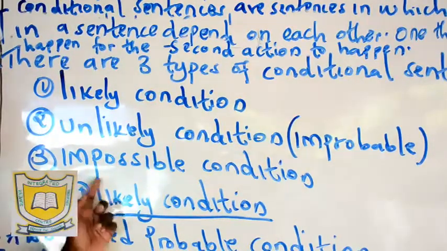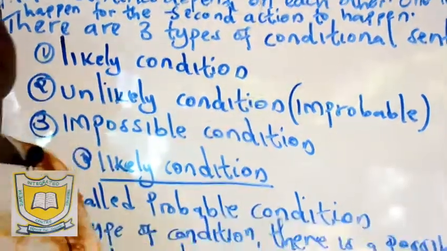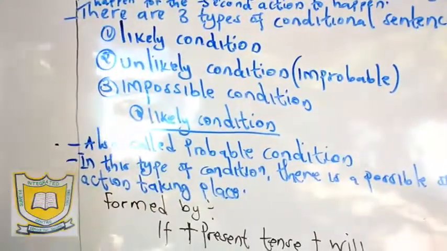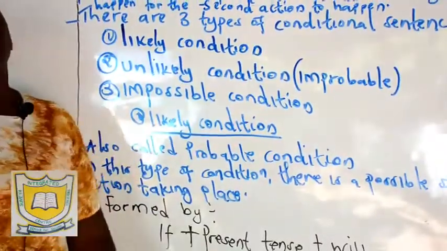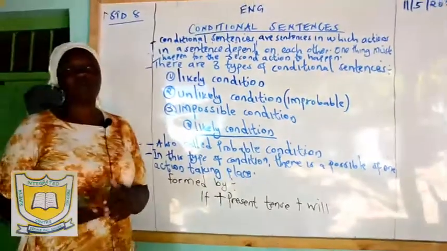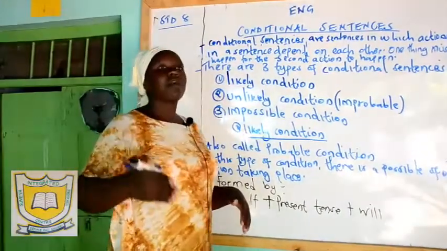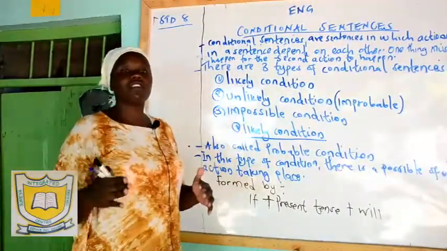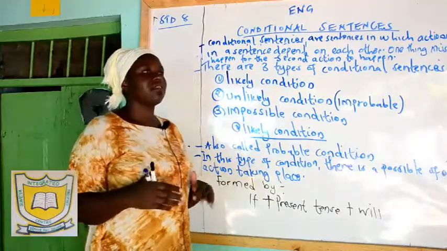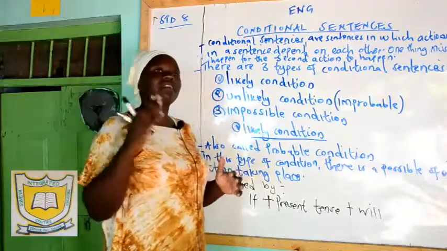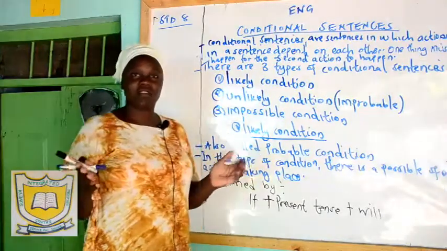Let's talk about the likely condition, also called the probable condition. Why is it called a probable condition? Because there is a probability of one of the actions taking place. A probability is a 50 to 50% scenario.